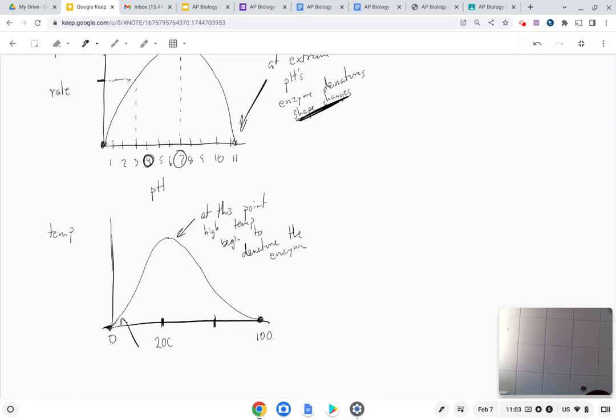This is due to cold temperatures. So the cold temps slow the frequency of collisions. It doesn't have as much to do with the shape of the enzyme as it is just the movement. There's just not a lot of molecular movement when you're at those low temperatures. Okay, so that's good there.